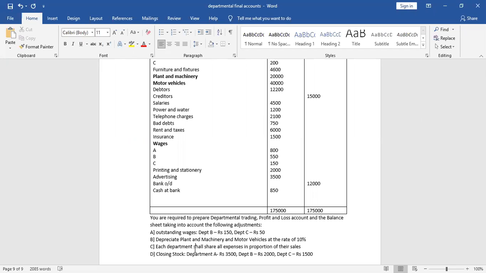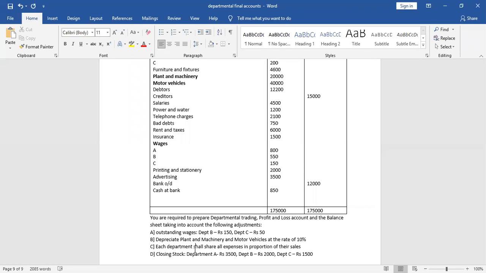The third point says each department shall share all expenses in proportion of their sales. All expenses which have not been divided department wise, we will divide in the sales ratio, because of adjustment number C. So every department we have to divide as per the sales ratio.